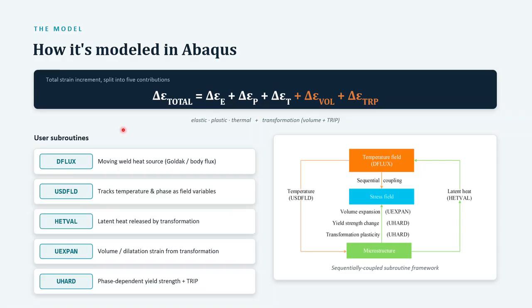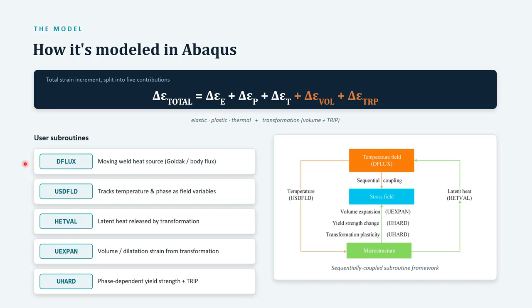Now, how did I build this in Abaqus? The heart of the model is the total strain. I split it into 5 parts: the normal, elastic, plastic, and thermal strains, plus 2 new ones from the phase change: the volume strain and the transformation plasticity. Each part is handled by its own user subroutine.